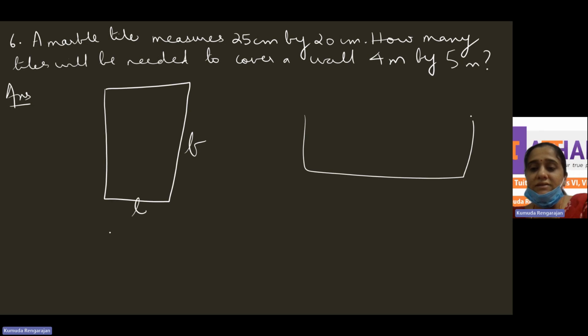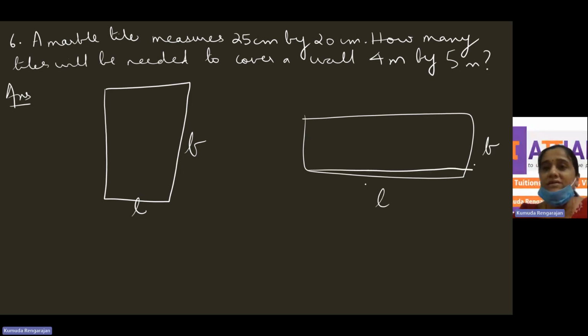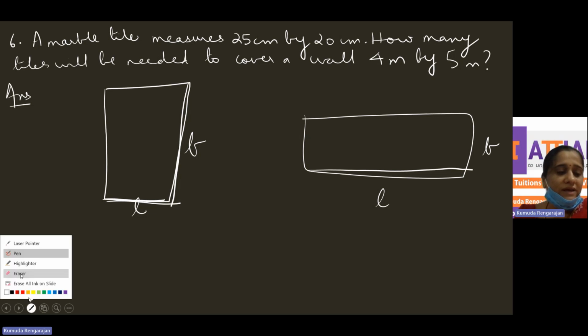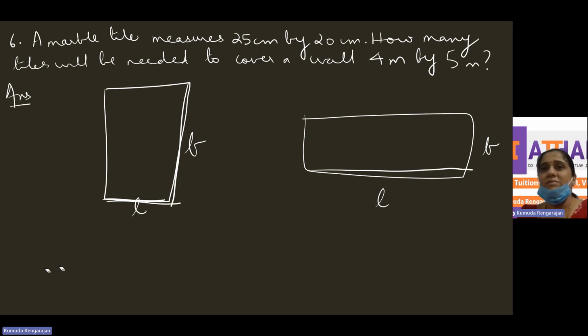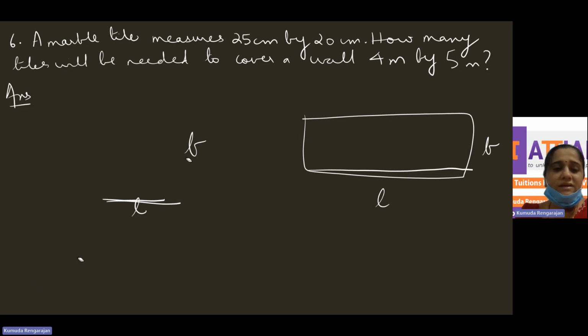If the rectangle is like that, the breadth is greater than the length. So it can be any way. You can take anything as the length and breadth because your area or perimeter will not change. It will be the same.